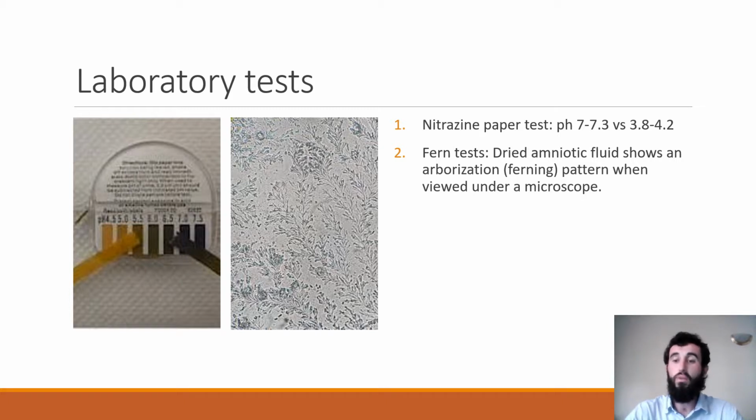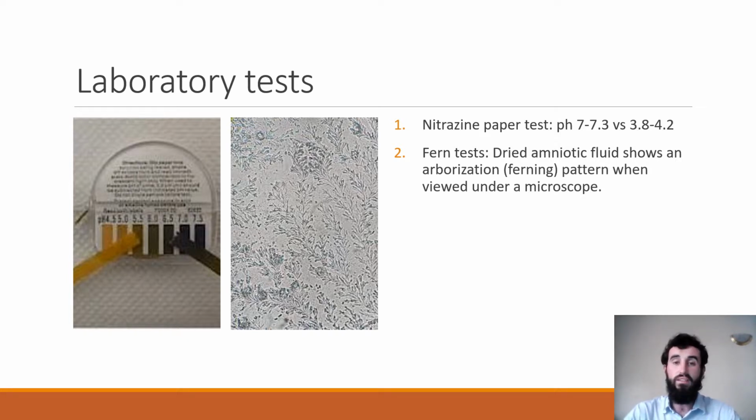So the amniotic fluid is neutral, more basic, around 7 to 7.3. So if we check the pH of the secretion, and it is amniotic fluid, we will see that the pH is going to be around 7 to 7.3 and not 3.8 to 4.2.